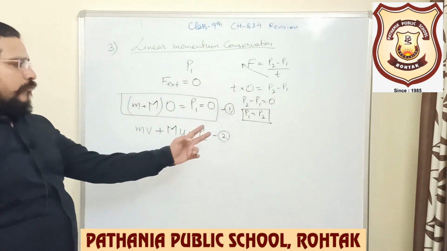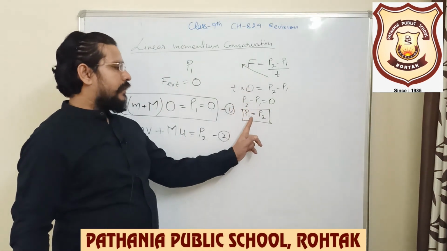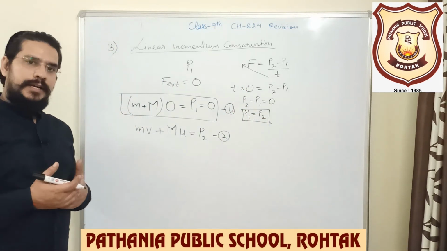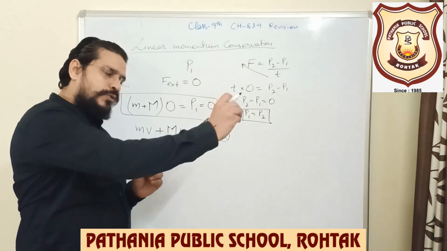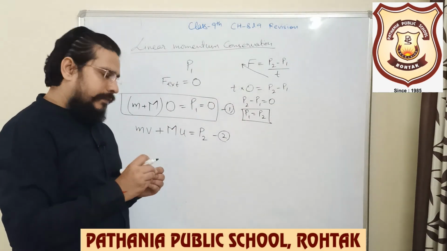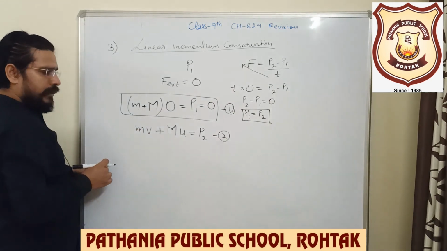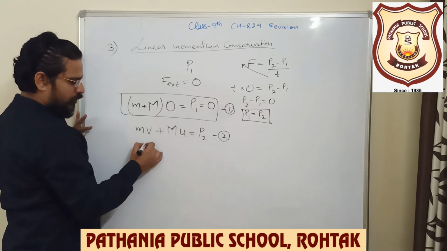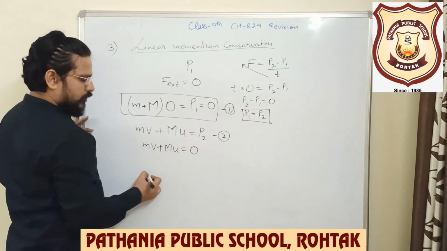By the concept of momentum conservation, if external force is 0, P1 is equal to P2. Here also, when we fire a gun, external force is 0, because the bullet moves out with an internal force. The explosion takes place inside the gun. The force is internal, no external force. So P1 must be equal to P2, which means mv plus Mu must be equal to 0.